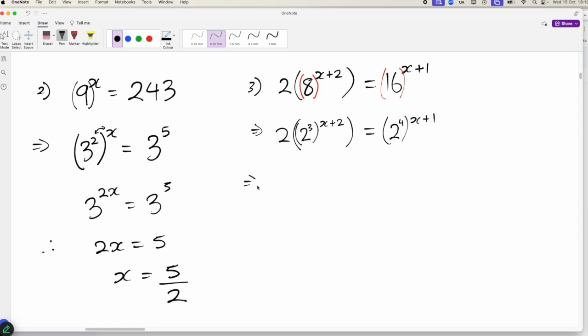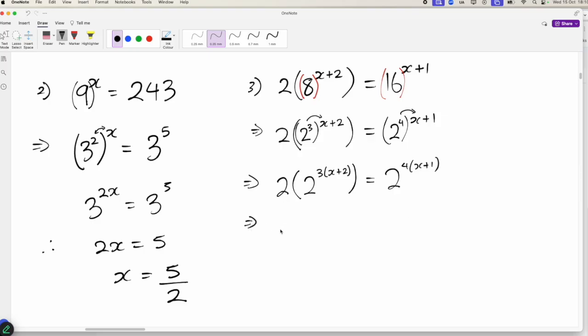So this could be seen here now as 2 multiplied by 2, and remember this 3 multiplying by that. So that is 3 times x plus 2. And that is equal to 2, and this 4 multiplying by that. So that's 4 times x plus 1.